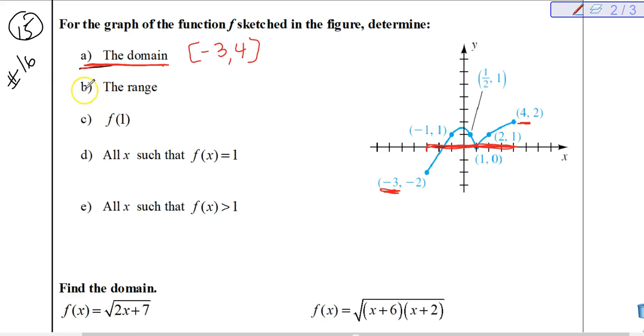Let's do a range. Your range is the measure from bottom to top, so lowest to highest point. Would you consider this to be the lowest point right here? And this to be the highest point right here? So my measure from there to there is the span along the range. Inclusive on the bottom, closed circle, inclusive on the top, closed circle.